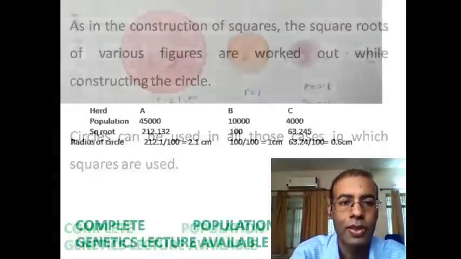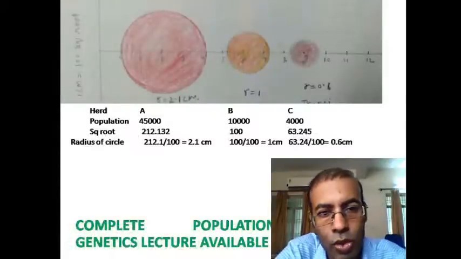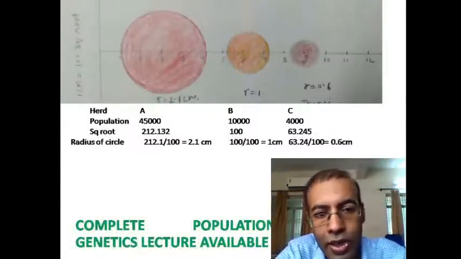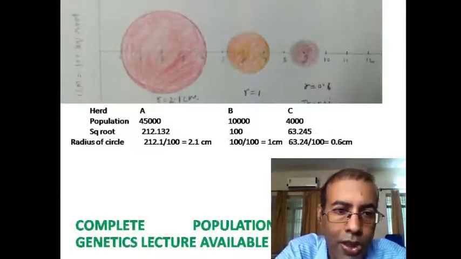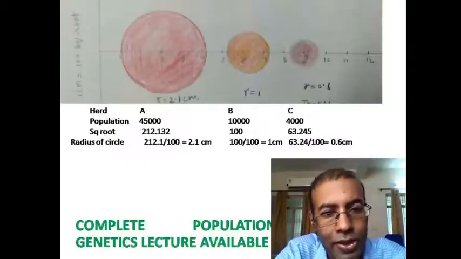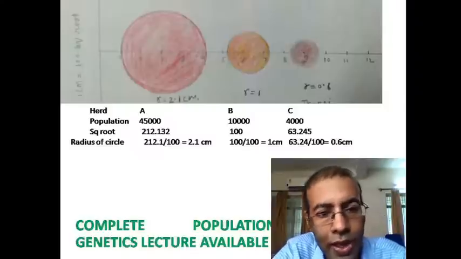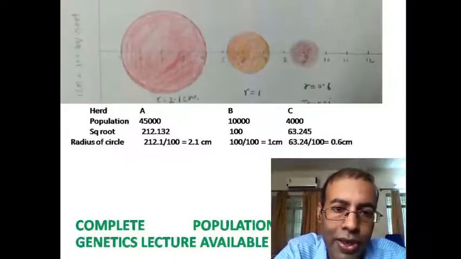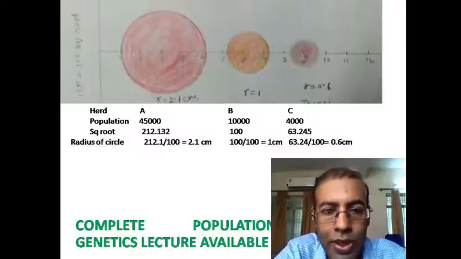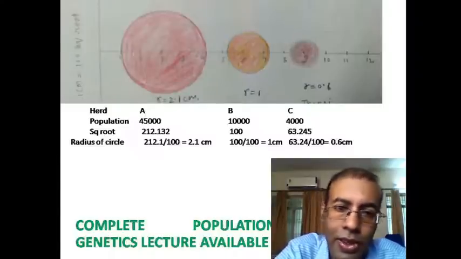We will see the same question, three herds having the same population. We again took the square root, and now we will divide this value by 100. We can divide by any value, but this time we are dividing by 100.